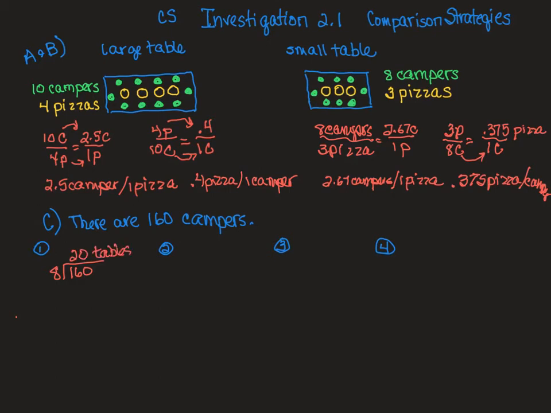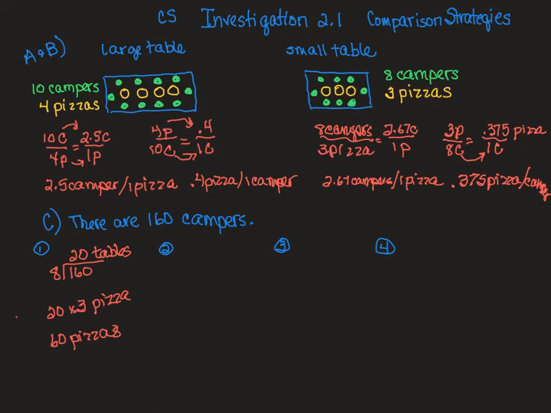And if I need 20 tables, I'm going to have to multiply that times 3 pizzas for each table, and I'm going to need 60 pizzas. So if I set them all at small tables, that's what I'm going to need.